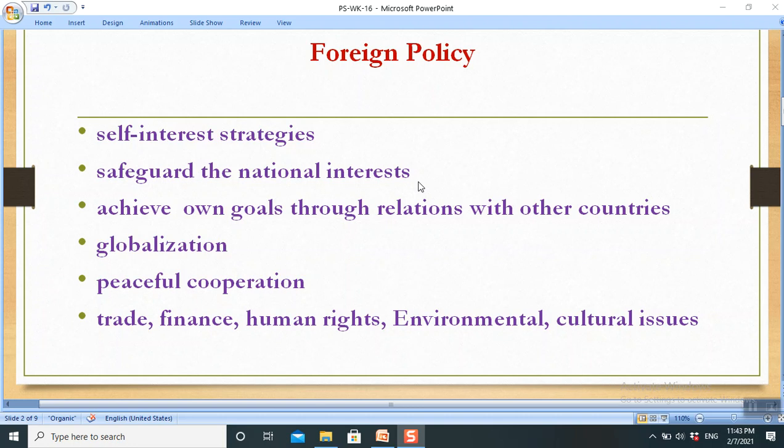Well, the word foreign policy became significant in the 19th century, because till the 19th century or in the start of the 20th century, the world was dominantly controlled by few international powers, and they were mostly the colonialists.